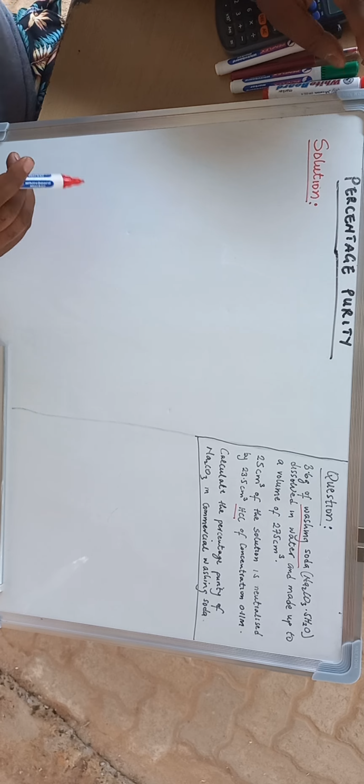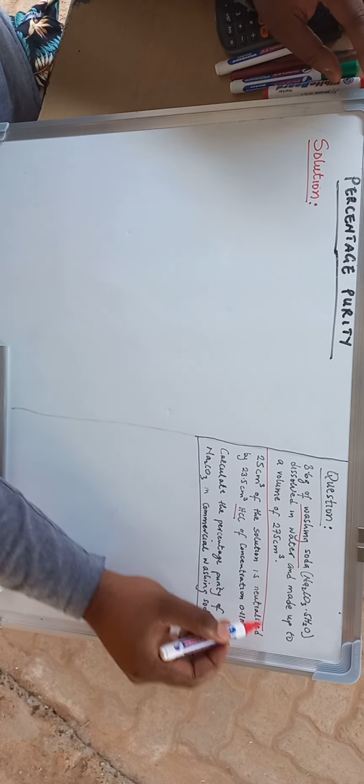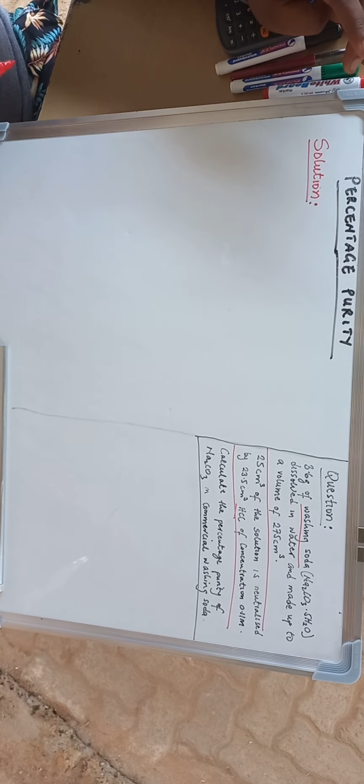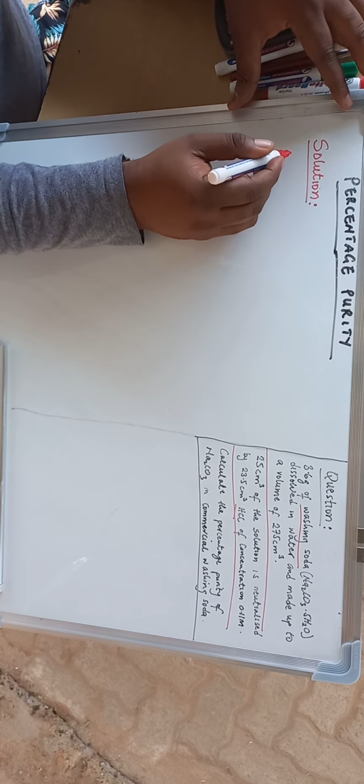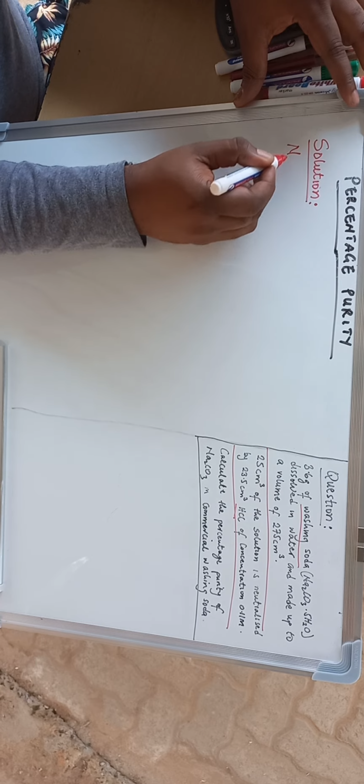From the information we are given during a titration, we can easily calculate the concentration of the solution that was given to us. So the first thing we do is write a balanced equation.